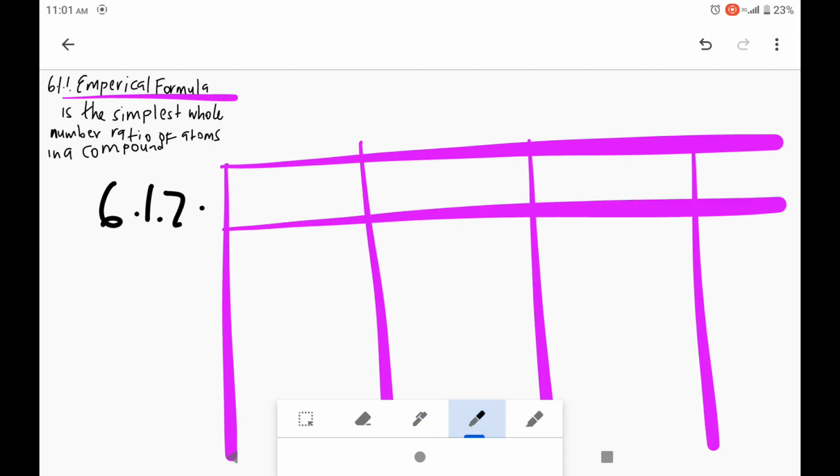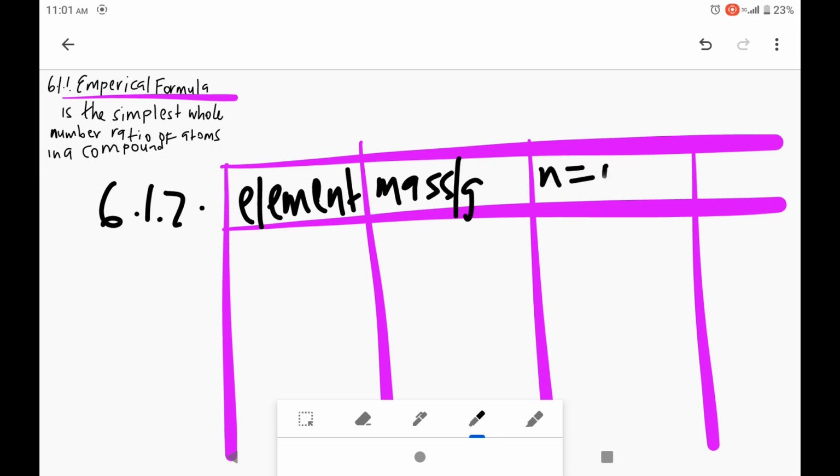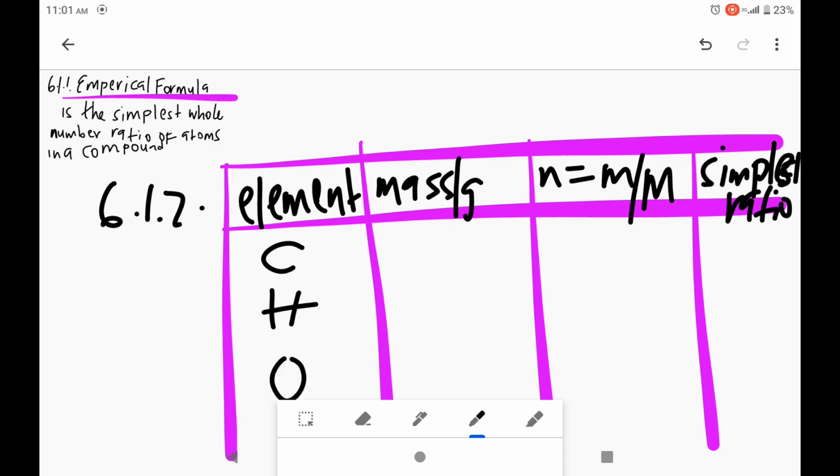So we're going to have element, and we're going to have mass in grams, and we're going to have the formula number of moles equals m divided by molar mass, and we're going to write this in simplest ratio. So on this empirical formula we got carbon, hydrogen, oxygen.